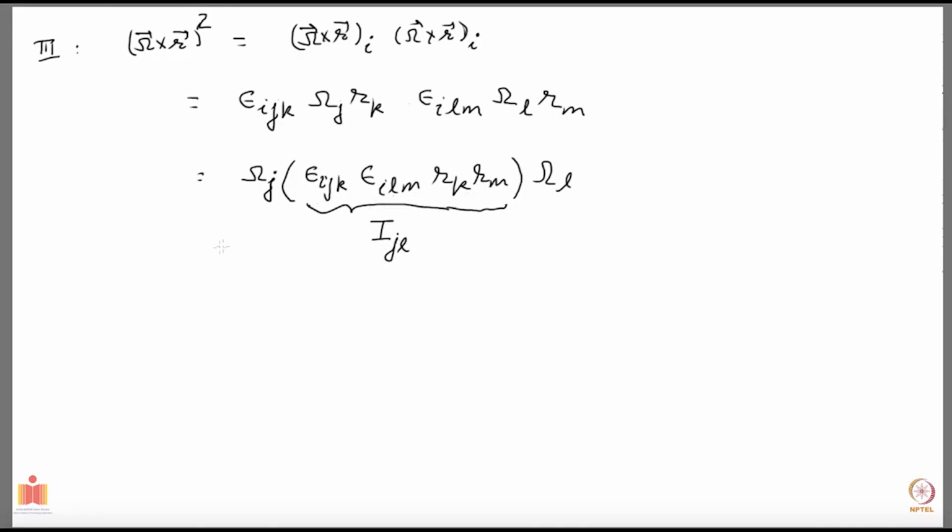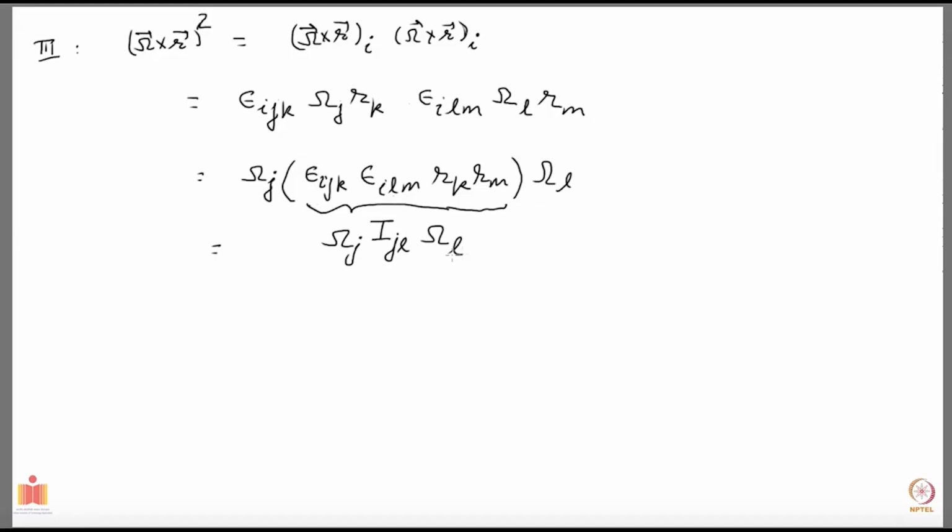So with this I can write omega cross r squared as omega_j I_jl omega_l. Good. This I_jl is again a second rank tensor because it has two indices, and these indices transform as vectors, and that's why it's a second rank tensor. This is nice.